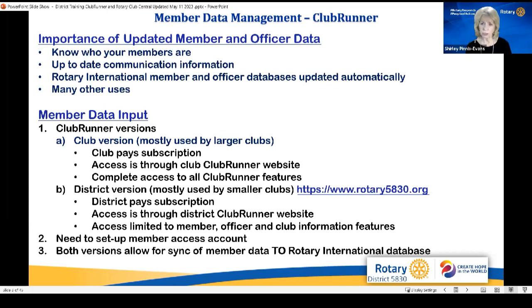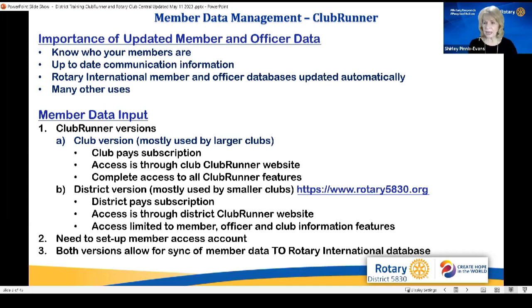And regardless of which version you use, it has an option, or requirement really, to put in your club location: where you meet, what time you meet, and the address for your meeting.